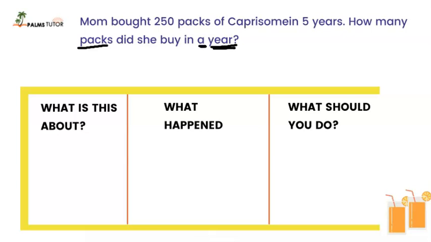Mom bought 250 packs of Capri-Sun. Oh, sorry, there should be a space here, so I'll rewrite that. Mom bought 250 packs of Capri-Sun in 5 years. So that's what she's buying.